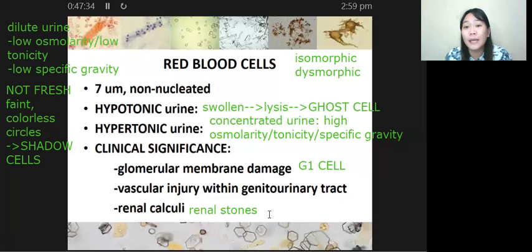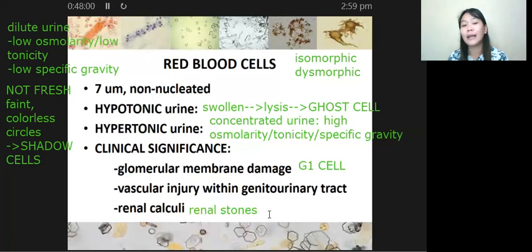Hindi naman sumiksik yung RBC doon pag nagbi-bleed ka, di ba? It is extravasation of your red blood cells due to injury. And so, the morphology of your RBC is intact. Hindi siya dysmorphic. Isomorphic yung RBC na makikita mo if it is due to vascular injury.